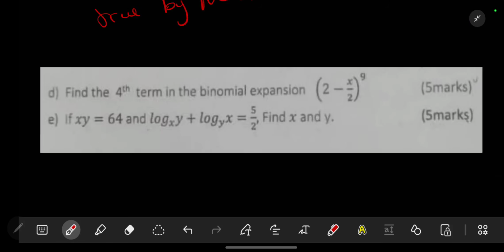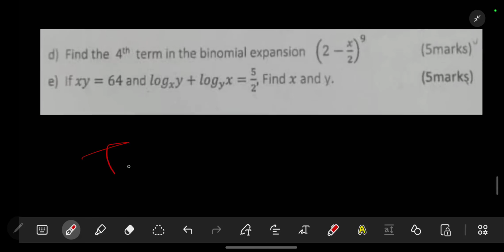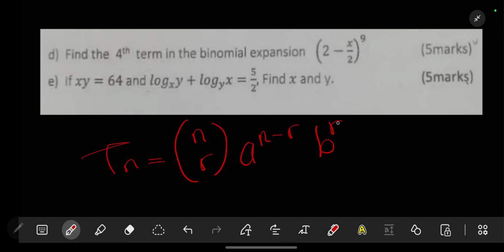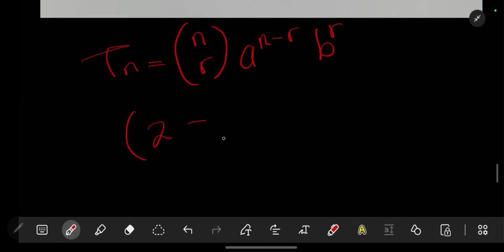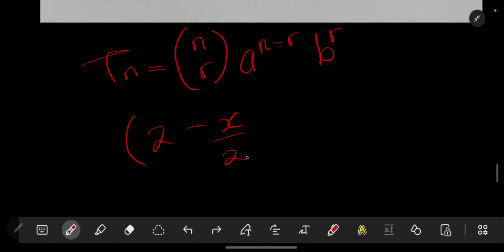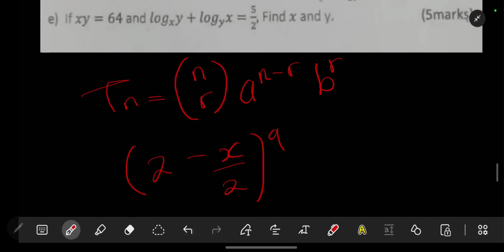Our D says find the fourth term of the binomial expansion. So how do you find the term? Just finding any specific term, the term should be equal to n combination r, then we have a to the power n minus r, b to the power of r, where if you have the equation 2 minus x over 2, to the power of 9, you identify.